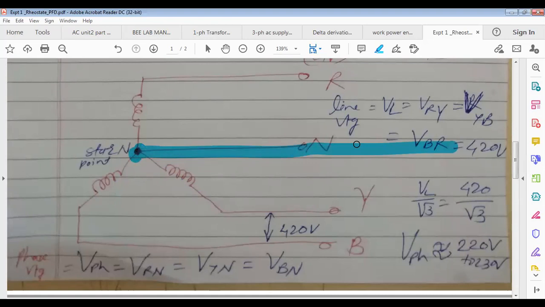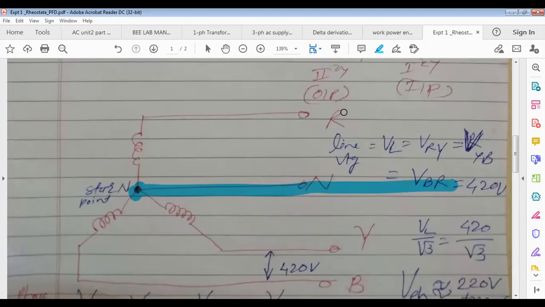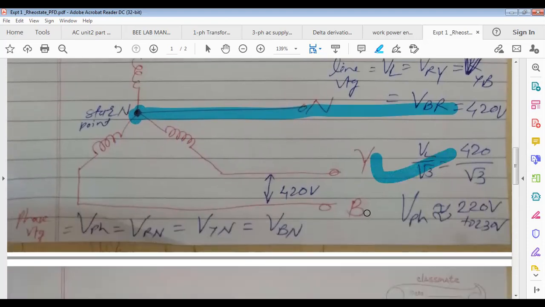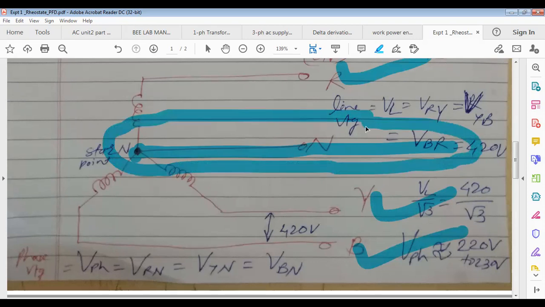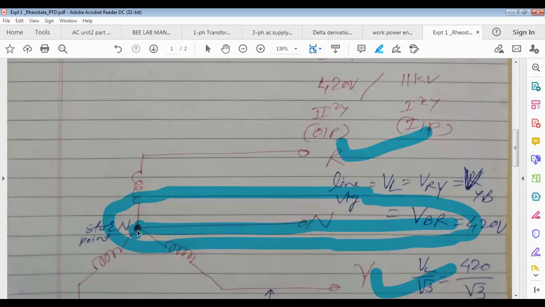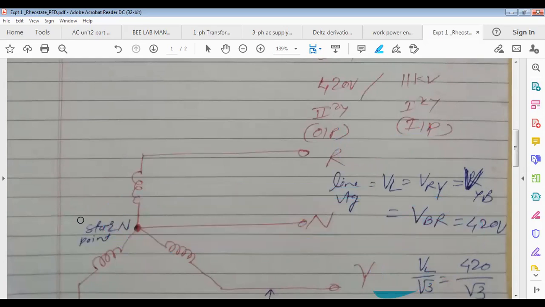All of you know at your home socket, one terminal is phase, another one is neutral. That live phase is any of these, either R phase or Y phase or B phase. But what about that second one, neutral, with black color insulation? It is the one which is tapped from the transformer secondary winding star connection, from the star point.